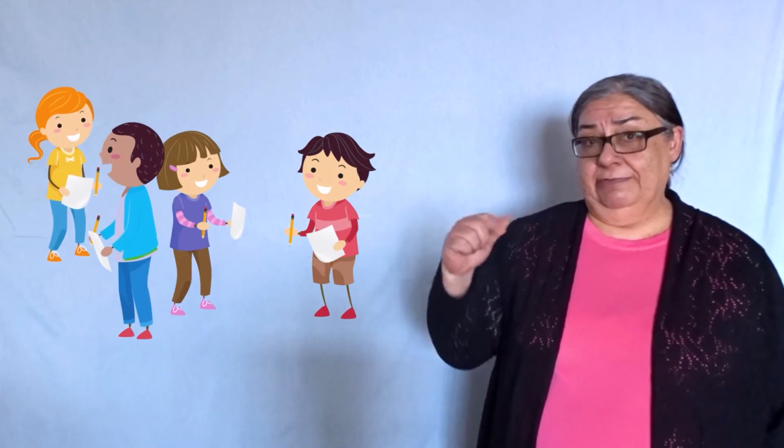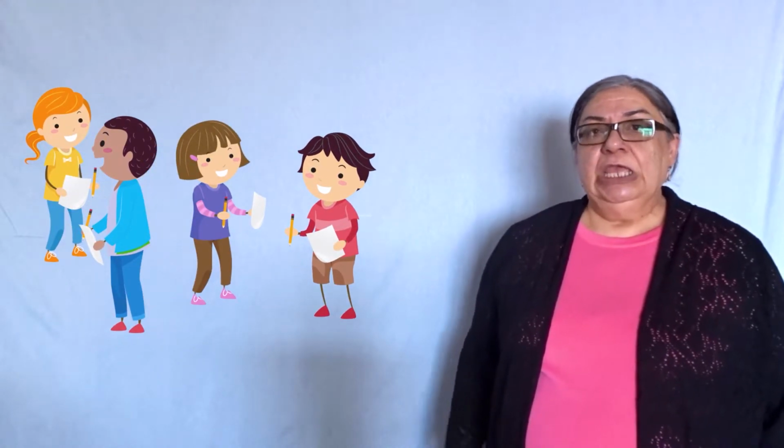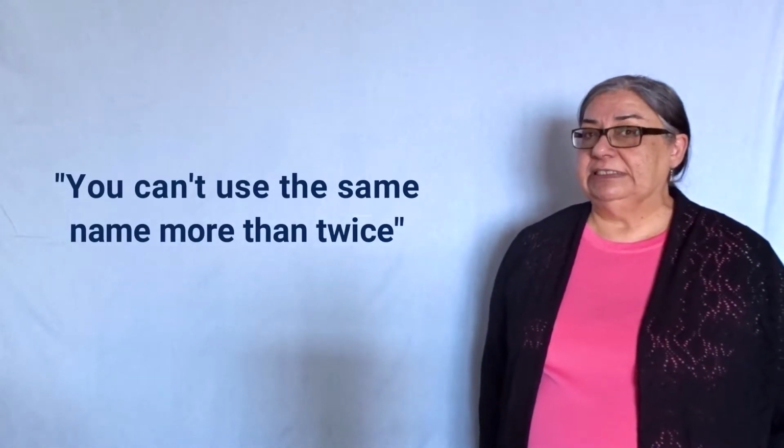They should walk around the class talking to other students to fill in the table. In order to encourage the students to speak to as many different people in the class as possible, in the instruction I will say that they can't use the same name more than twice.